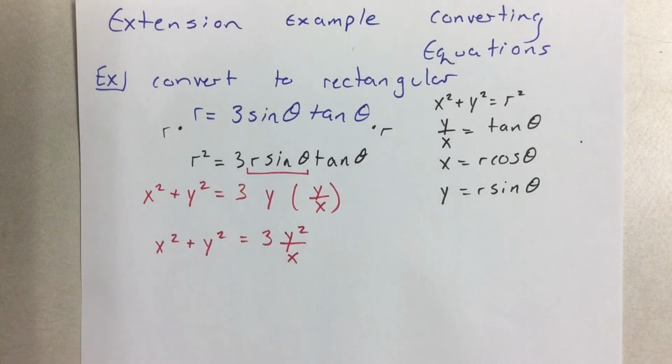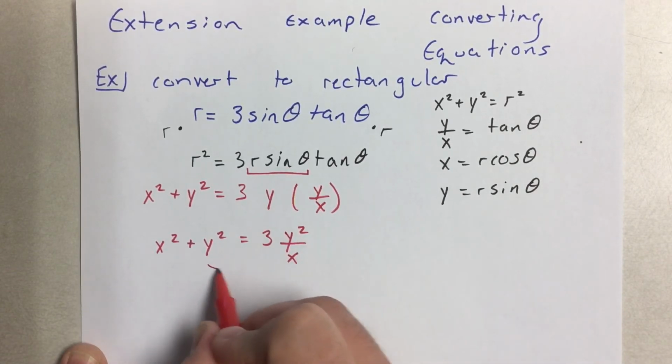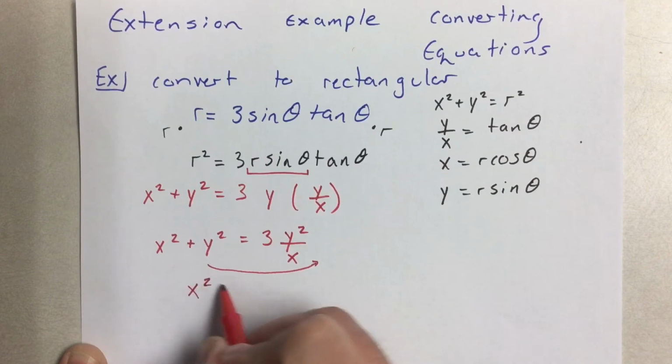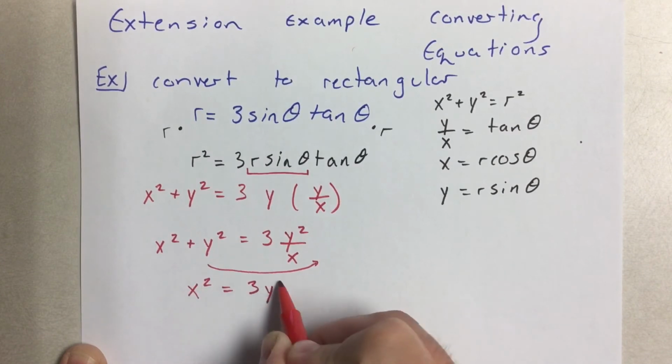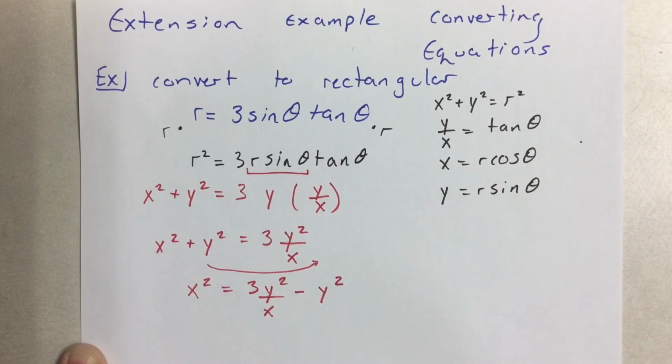Now we're trying to get y equals, and we have a y on both sides, so let's first get our y terms on one side. We subtract y squared to the right side, which gives us x squared equals 3y squared over x minus y squared.